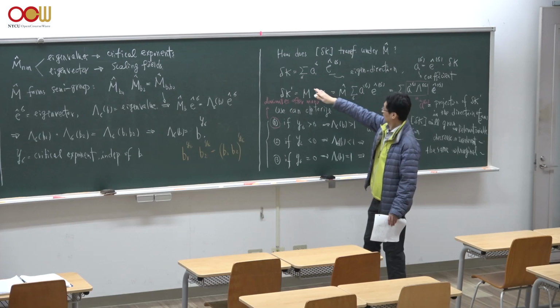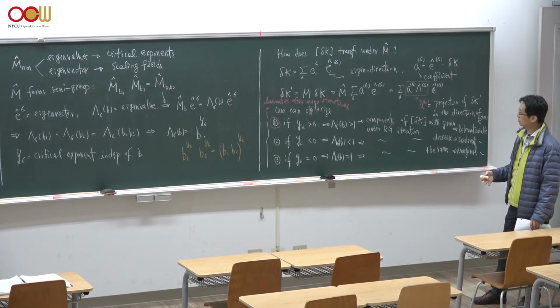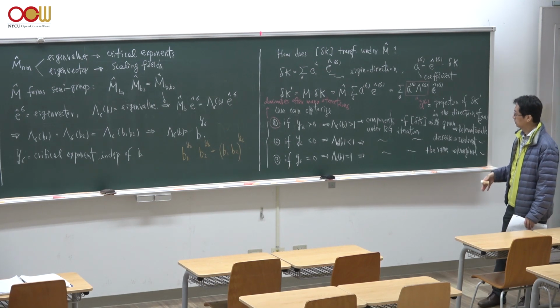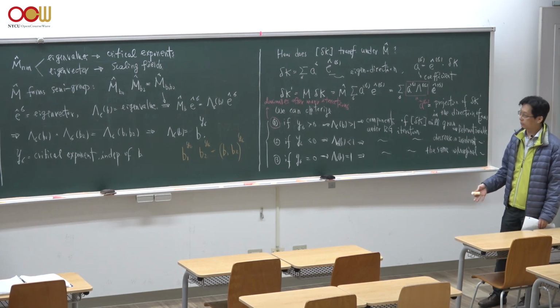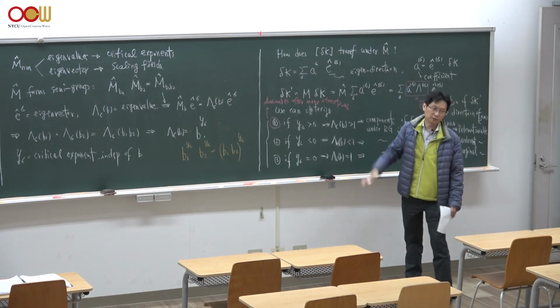We know this delta k. How about we perform this RG scaling? So the delta k is transformed into delta k prime. And how do we represent delta k prime in terms of this matrix M?